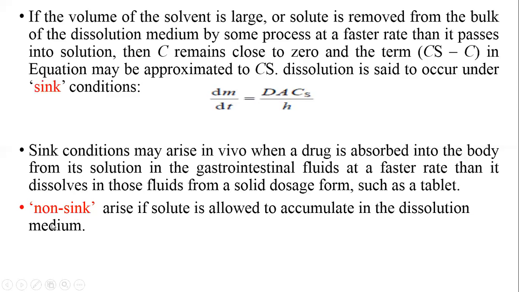Non-sink condition, which is the opposite one, arises if solute is allowed to accumulate in the dissolution medium. Here, the solute will accumulate. That means the C value will be large or high.